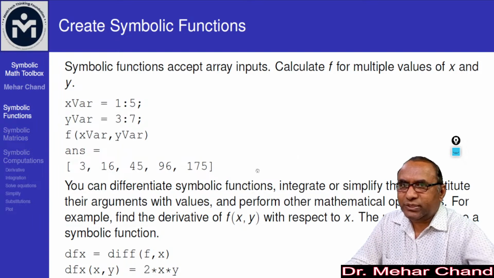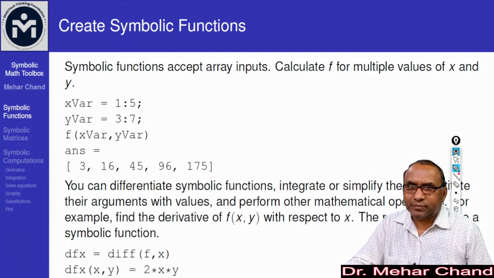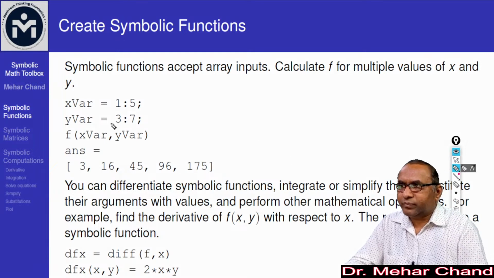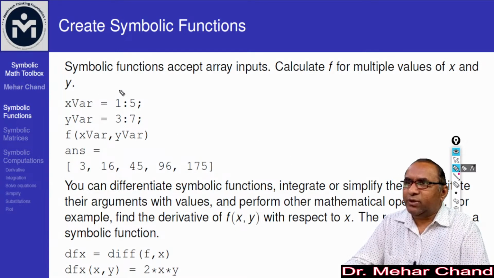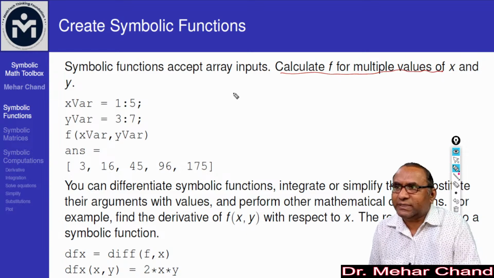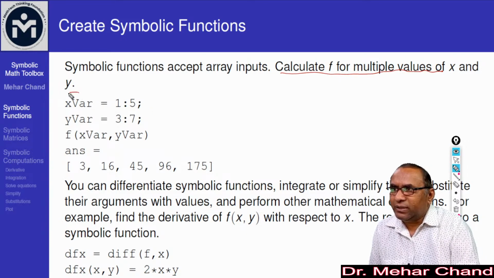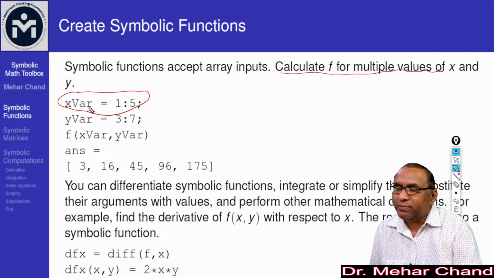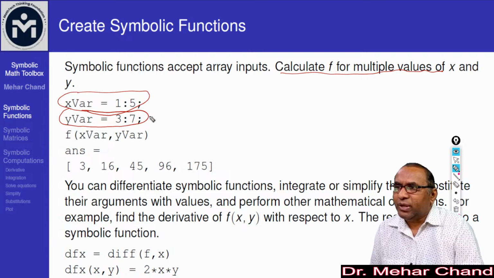Another way to use the expression here is that a symbolic function accepts array inputs, and we can calculate f for multiple values of x and y. See here, this is the x variable, in the form of an array from 1 to 5, and here is the y variable, also an array from 3 to 7, and we can easily pass these values to the function.